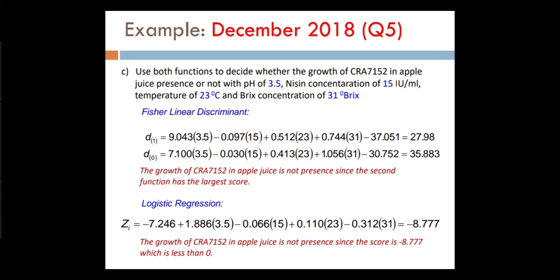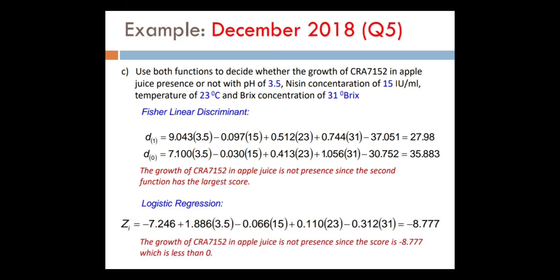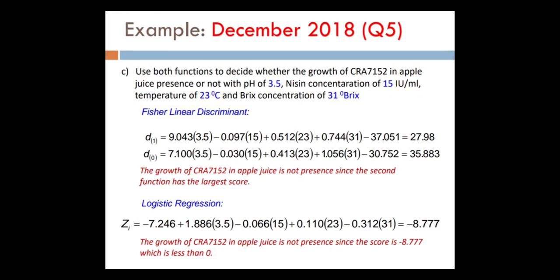Let's try e power of negative 8.777. You will get 0 point something, which is less than 1. So we will classify it to the second group, which is not presence.